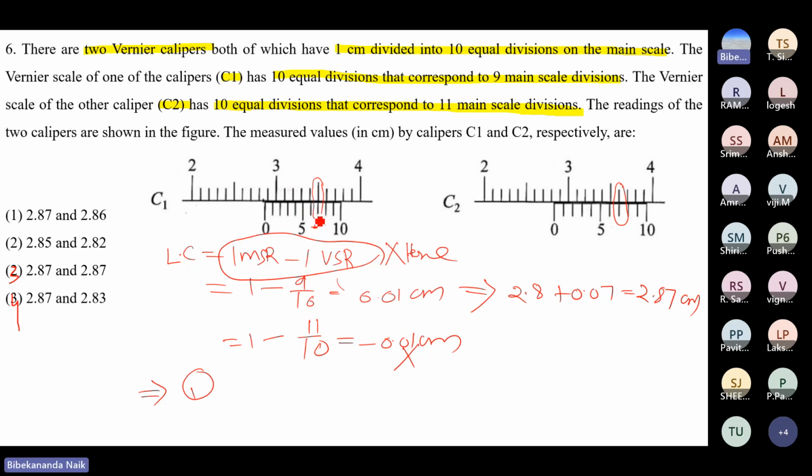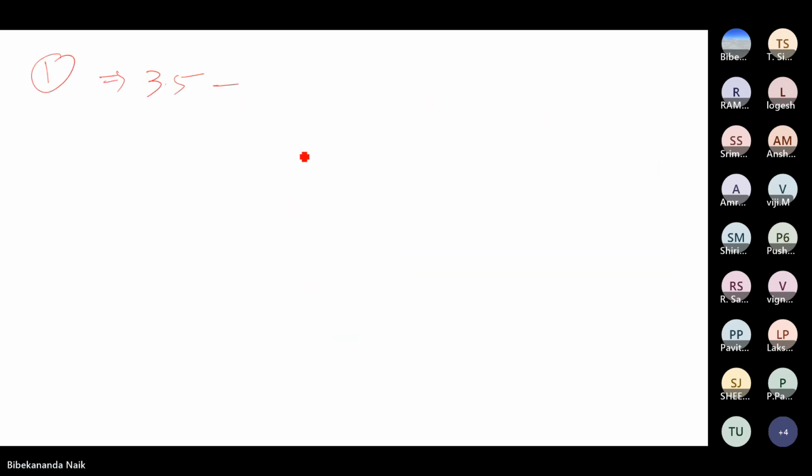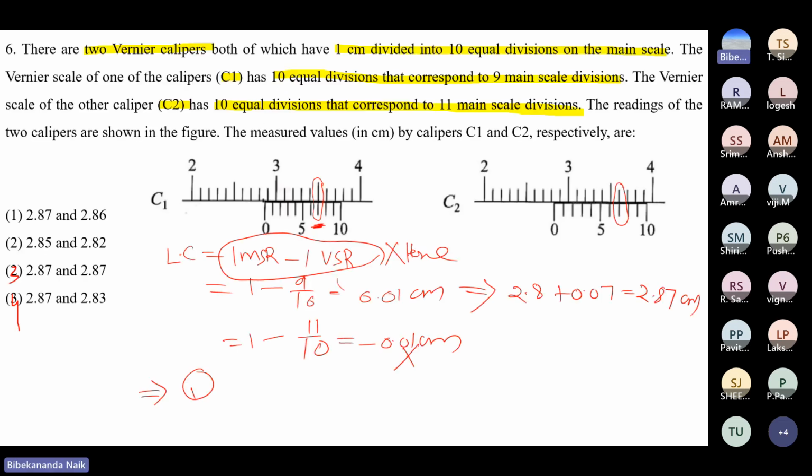Which vernier division coincides with 3.5? 1, 2, 3, 4, 5, 6, 7. So this 7th vernier division coincides with the 3.5. The vernier division will be 7. Since it is 7, we need to multiply 7 with the number which corresponds to one vernier scale division. So we first calculate the vernier scale division.